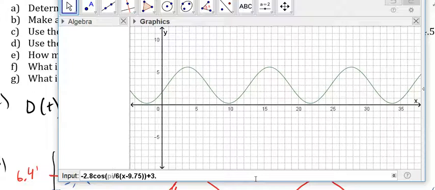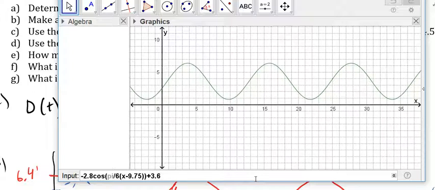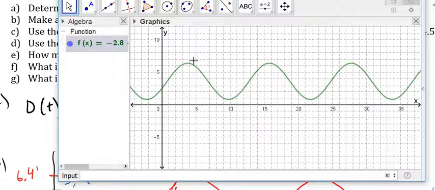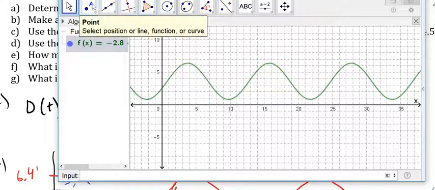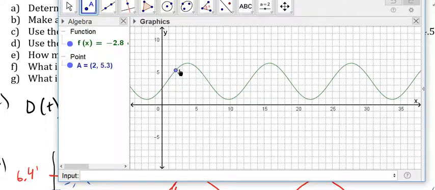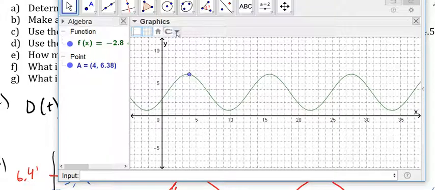Does that look right? The maximum looks like about 6 and a bit. The minimum is just under 1. Where do these maximums occur? I can put a point on this and drag it up.